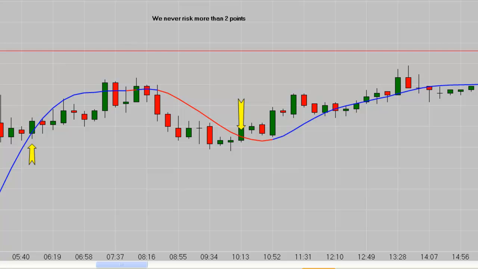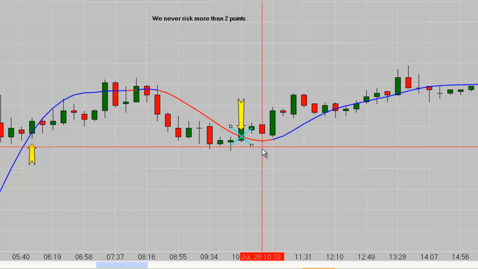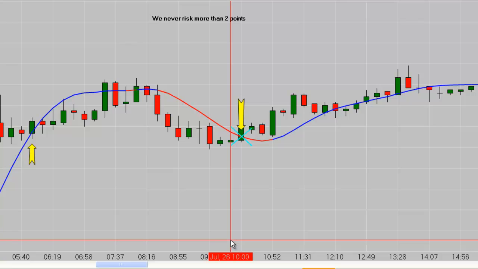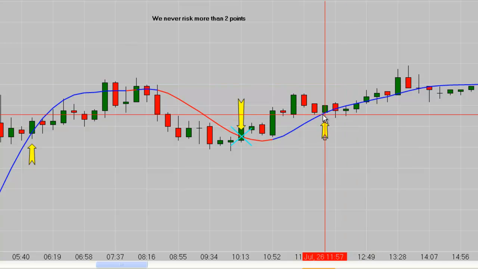It means we get stopped out for a known amount, 2 points. That simple. The next entry is right here to go long at 13.52.